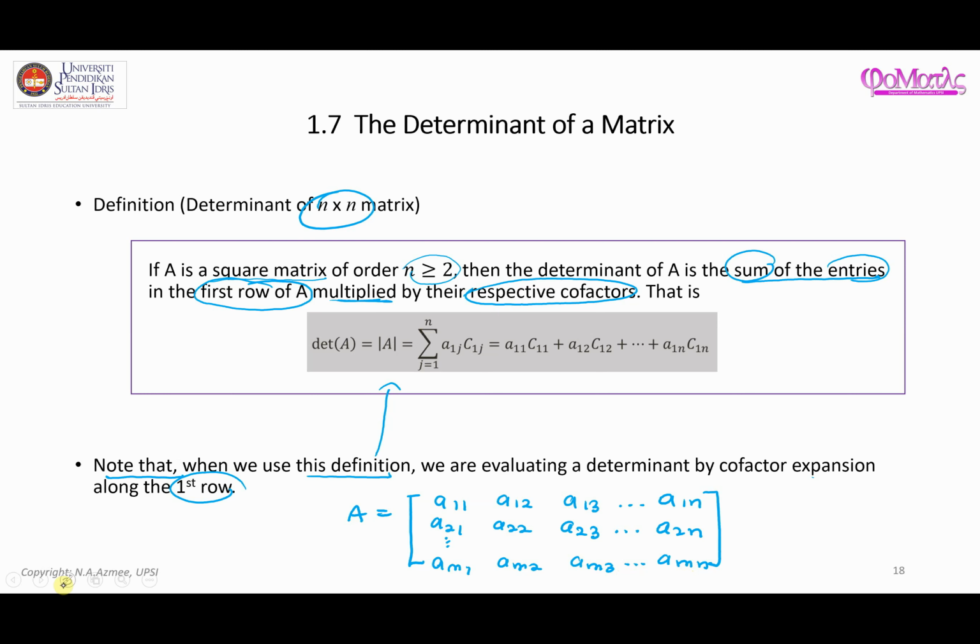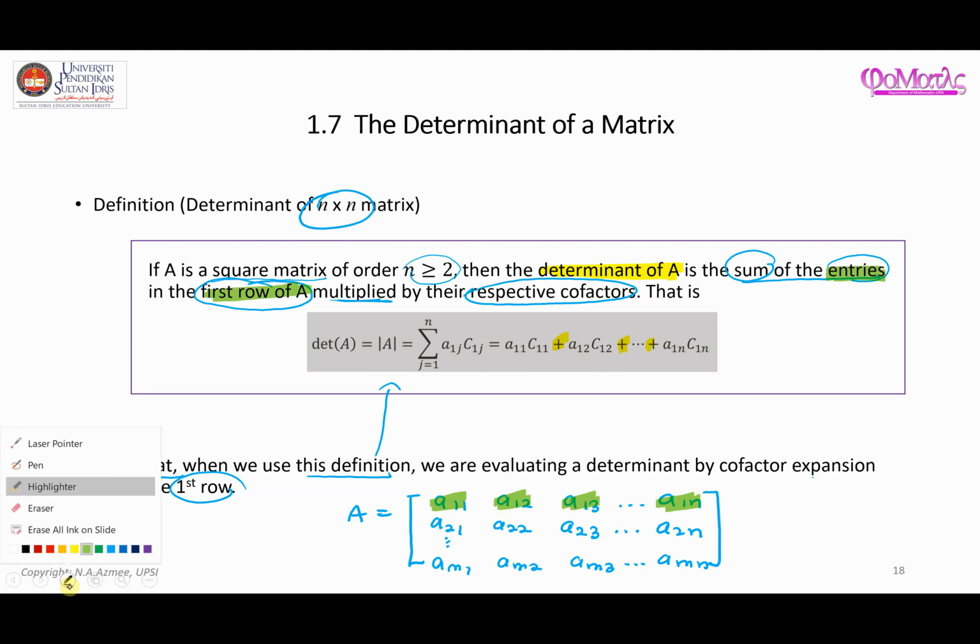So what it means is we are going to find the determinant of A by summing. That means you have all this adding up process. What are you going to add? You are going to add entries in the first row of A. All of these are the entries in the first row of A. That will be multiplied by the respective cofactors.